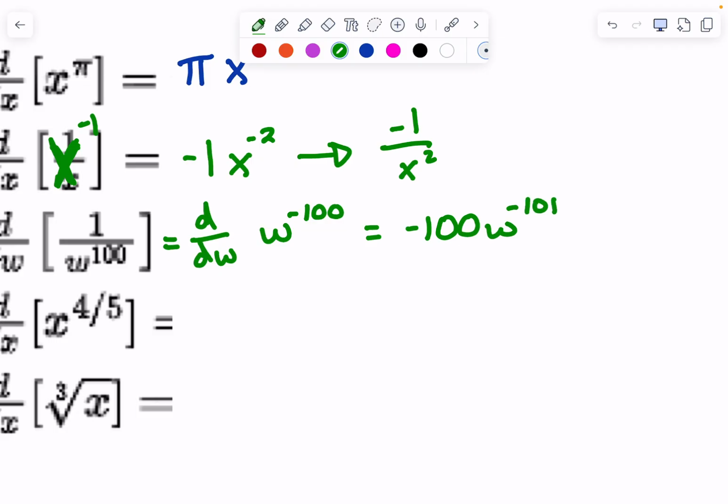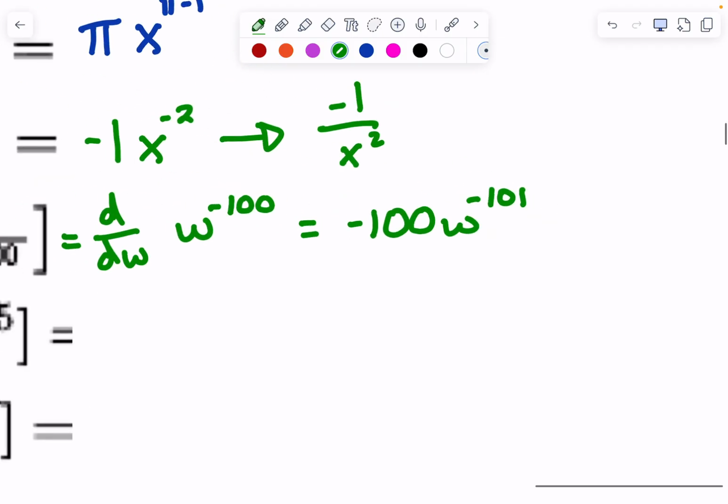Negative 101, that gets people, okay? So if I fix it now, it's negative 100 over w to the 101. You see how that works? Don't forget that when it's a negative exponent already, when you subtract 1, you're making that number bigger, right? I mean, technically smaller, but the number is bigger, right?